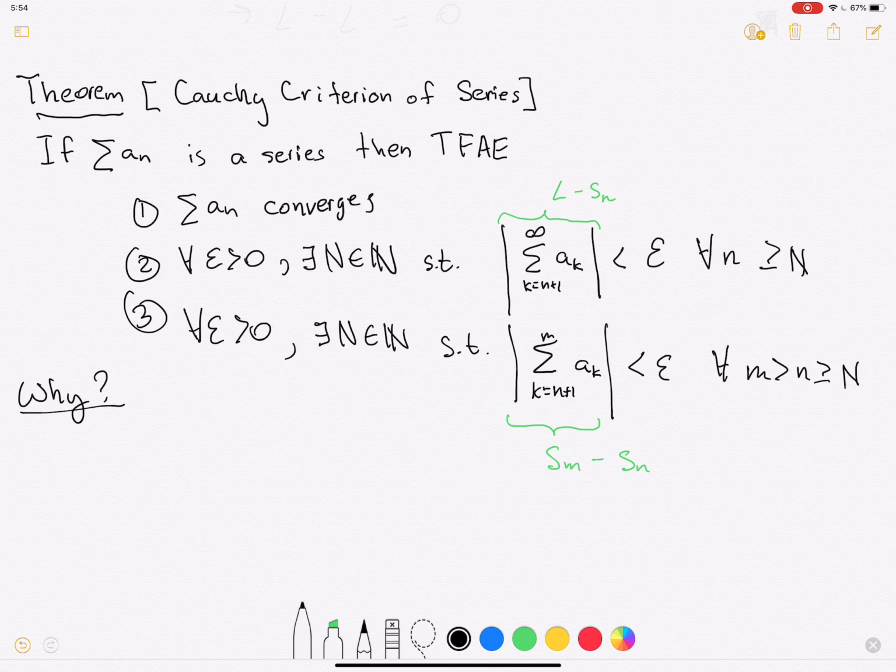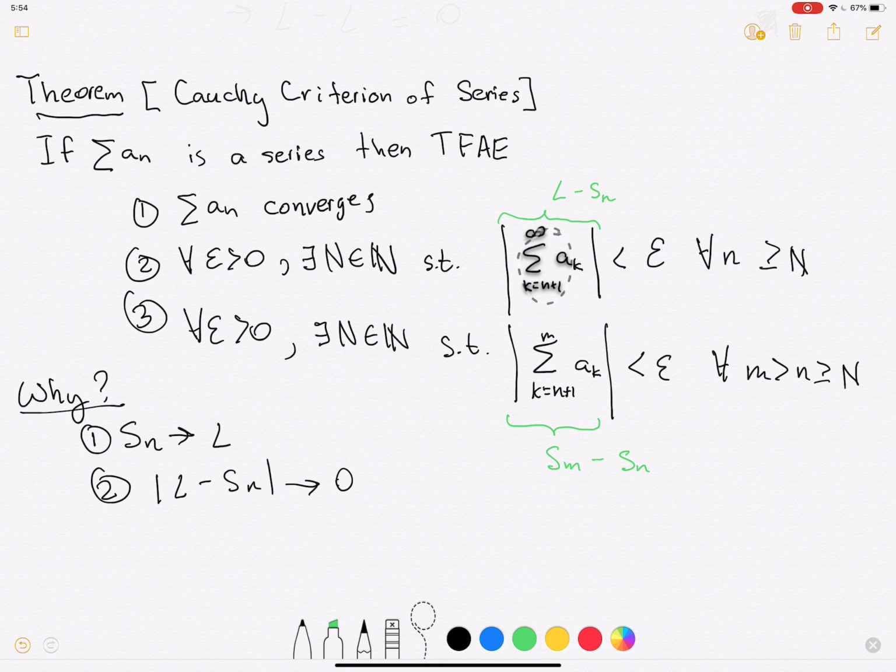So if you know one of these is true, they're all true. We won't go into detailed proofs, but here's a rough idea of why it's true. 1, a_n convergence means s_n goes to L. 2 is the same as saying L minus s_n goes to 0. If you subtract 0 and take the absolute value, that's less than epsilon.